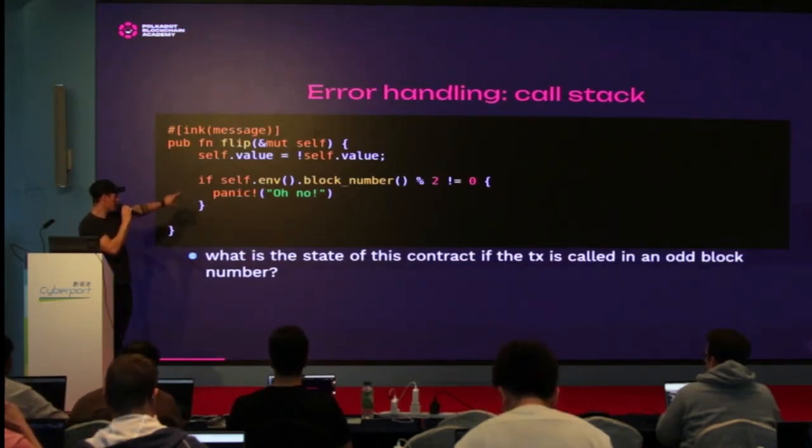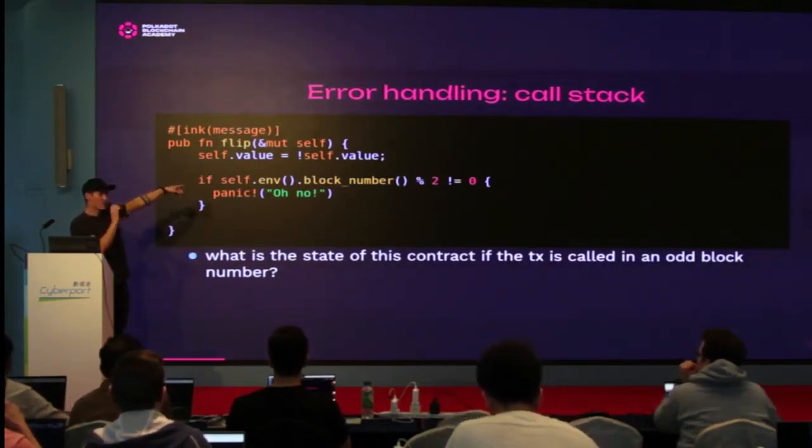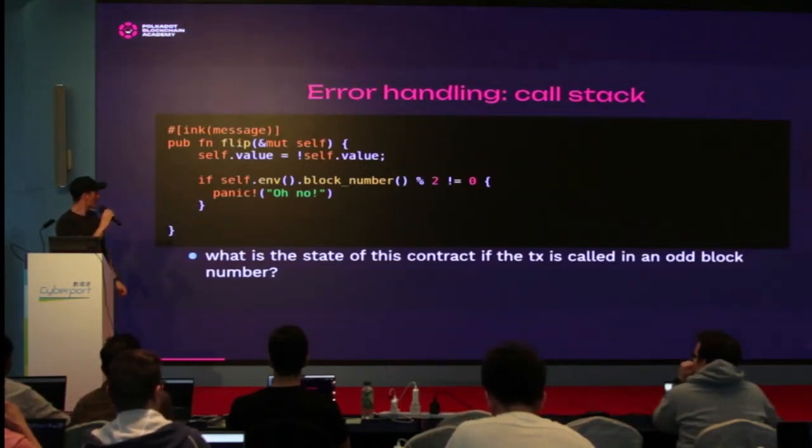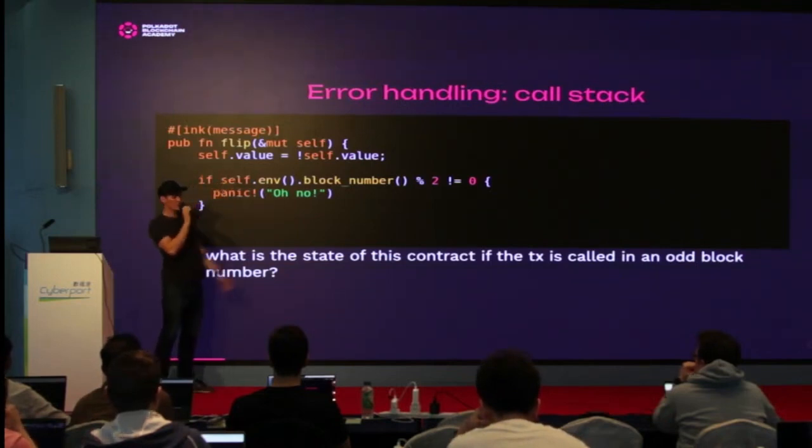So the question is: what's the state of this contract? The transaction is called in an odd block. And by state, I mean, was this bit flipped or not?